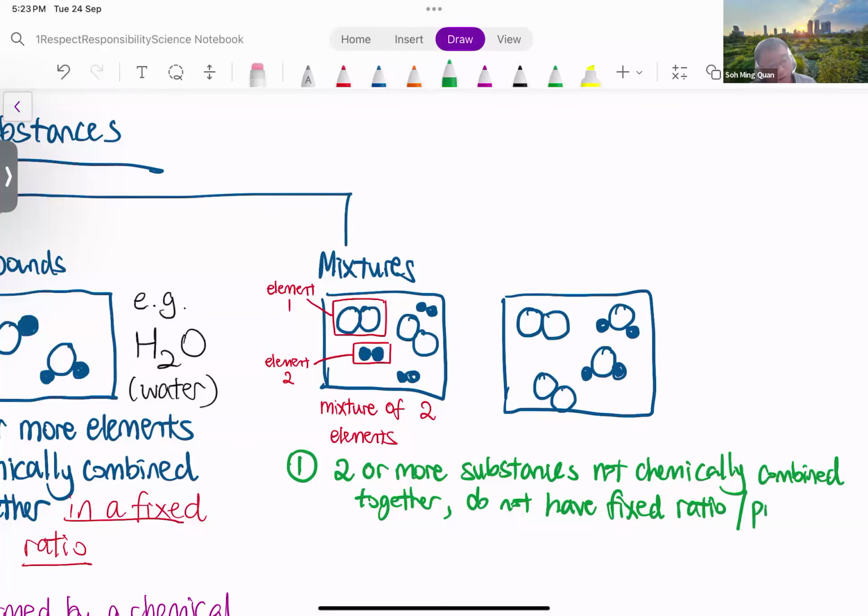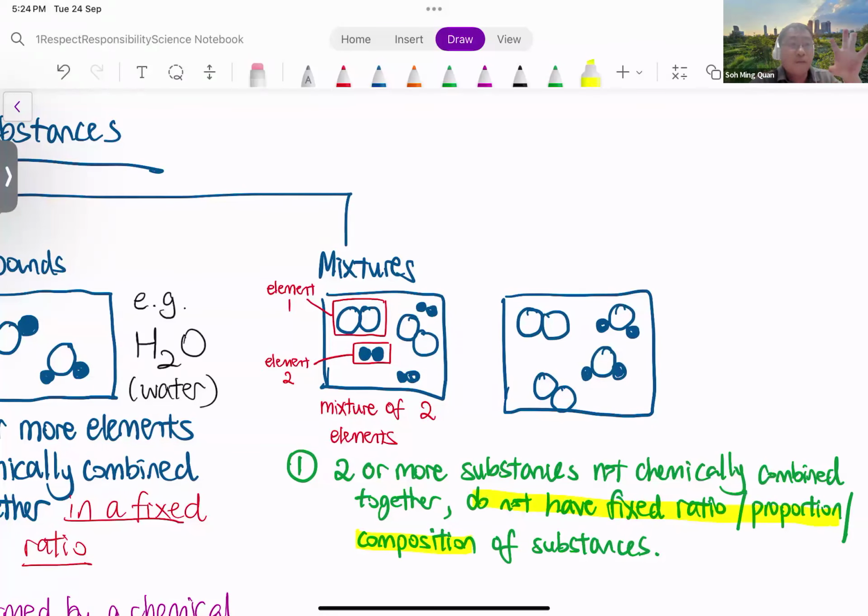Another word for fixed ratio is fixed proportion, or fixed composition. This one is a commonly used phrase. We actually use these phrases interchangeably: fixed ratio, fixed proportion, fixed composition. So mixtures do not have a fixed ratio of the substances that they contain. For example, in the mixture of the two elements that you saw, maybe I can have more of the darker element than the white element. Okay? The ratio need not be fixed.